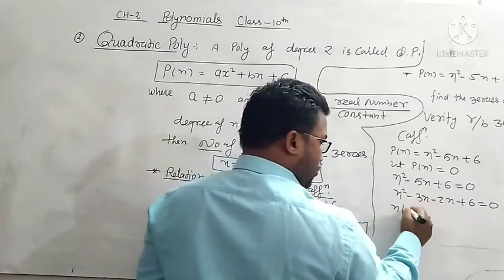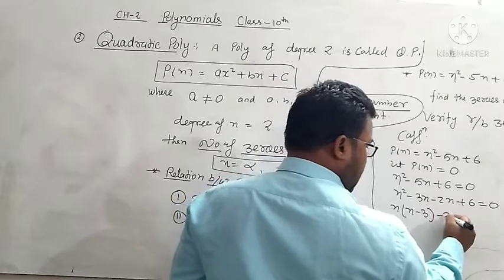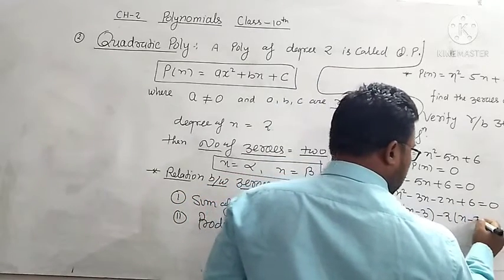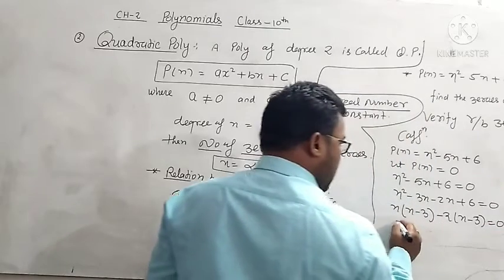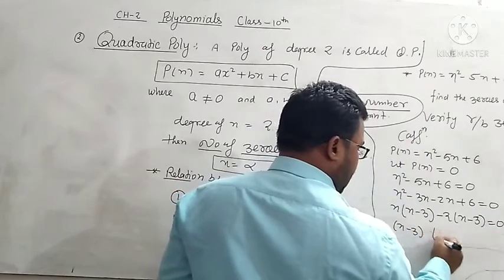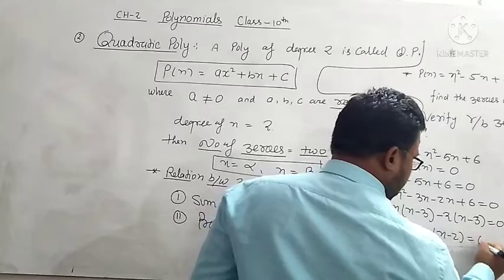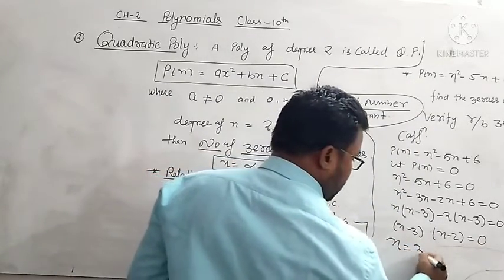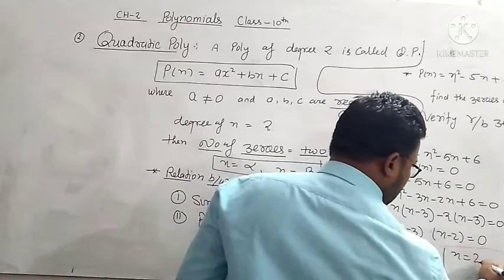Common x लेंगे तो x minus 3, minus 2 common लेंगे x minus 3, plus minus 2 3 जा 6 is equal to 0. Next x minus 3 one bracket, another bracket x minus 2 is equal to 0. The final value of x is equal to 3 and x is equal to 2.